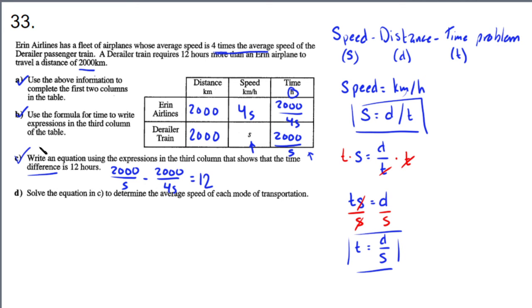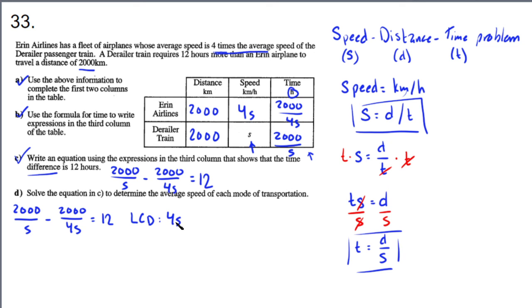In D, now we want to solve the equation in C to determine the average speed of each mode of transportation. Okay, so let's rewrite what we have. We have 2,000 divided by s minus 2,000 divided by 4s equals 12. Anytime we're subtracting quotients, we need to have a lowest common denominator, which in this case is going to be 4s.